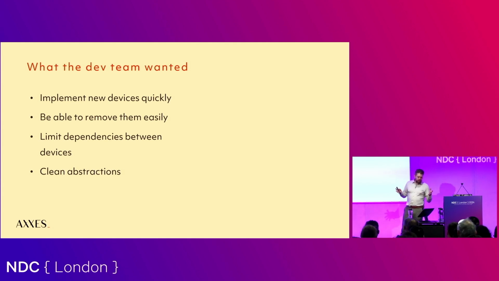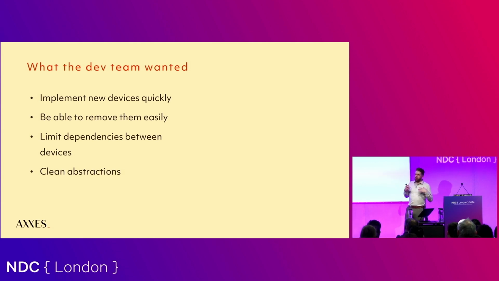So the dev team, what we wanted is we wanted to be able to very quickly implement new device types. If we saw a new device coming in, we basically wanted to write a quick and dirty implementation for it, and then maybe refactor that if the deal went through and we had to put that in production. But what we also wanted is as soon as we got to a point where the deal did not go through, we could just take it out of our deployment and get rid of it, like park it to the side.